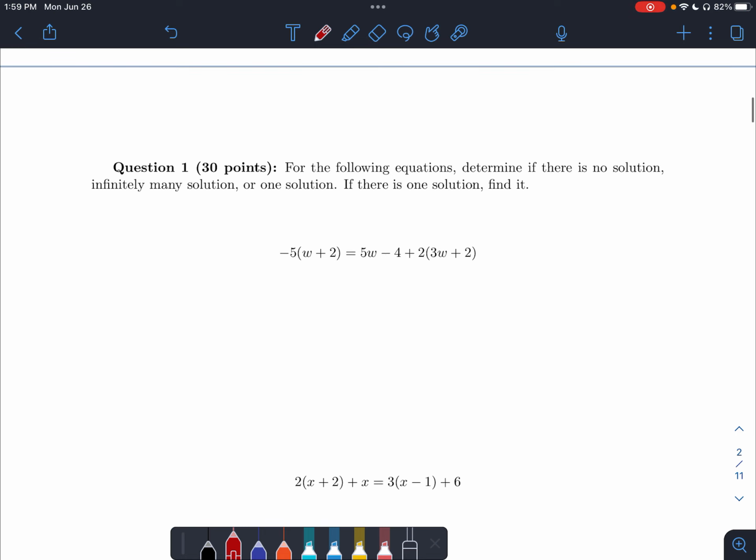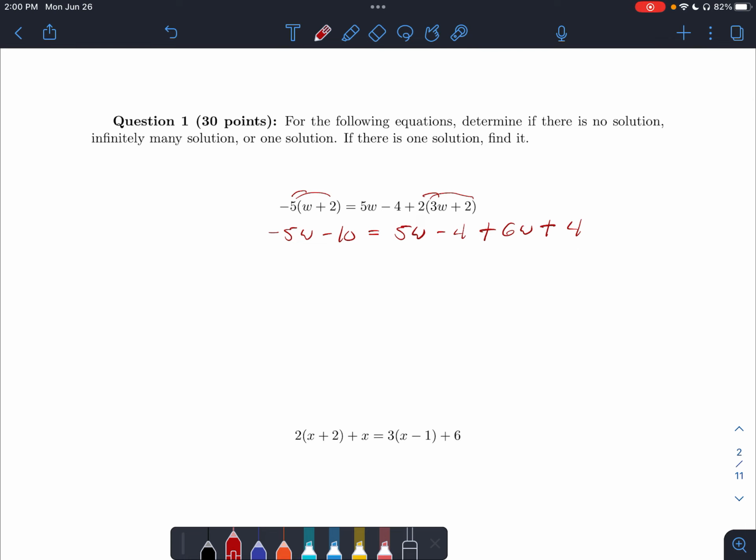All right, so the first thing we ought to do is go ahead and distribute this negative 5 here. So this will give us negative 5w minus 10 is equal to 5w minus 4 plus, now we're going to distribute this 2, so plus 6w plus 4.